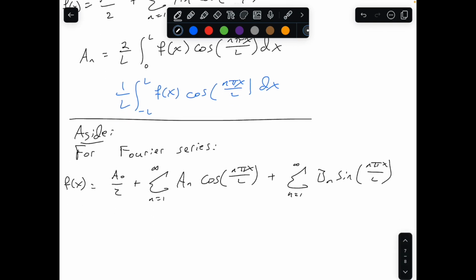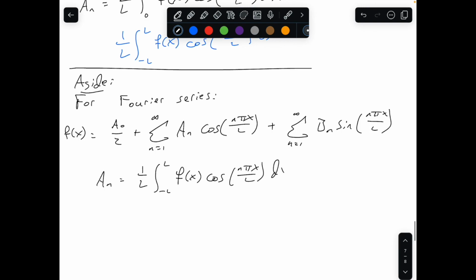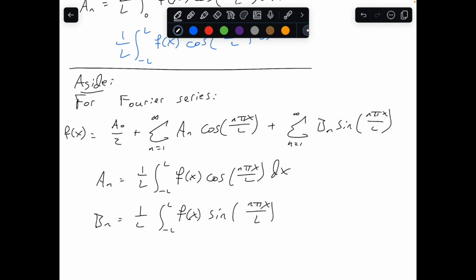So here, a n is equal to 1 over L times the integral from negative L to L of f of x cosine of n pi x over L dx, and then b n is 1 over L times the integral from negative L to L of f of x sine of n pi x over L dx.